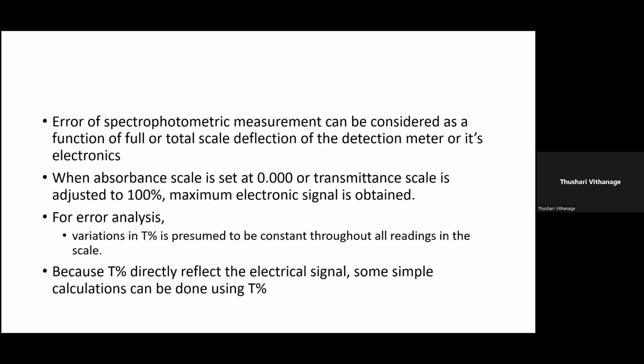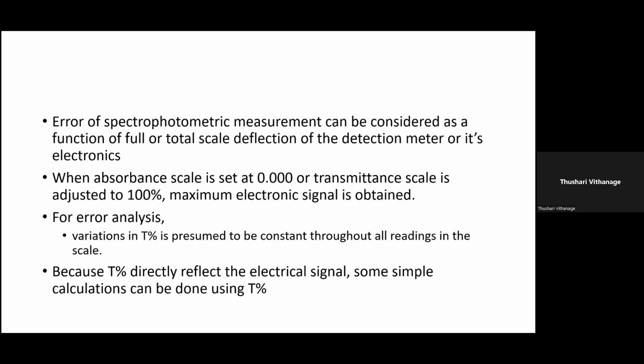Errors of the spectrophotometric measurement can be considered as a function of full or total scale deflection of the detection meter or its electronics. When the absorbance scale is set at 0 or the transmittance scale is adjusted to 100%, we can get the maximum electronic signal.